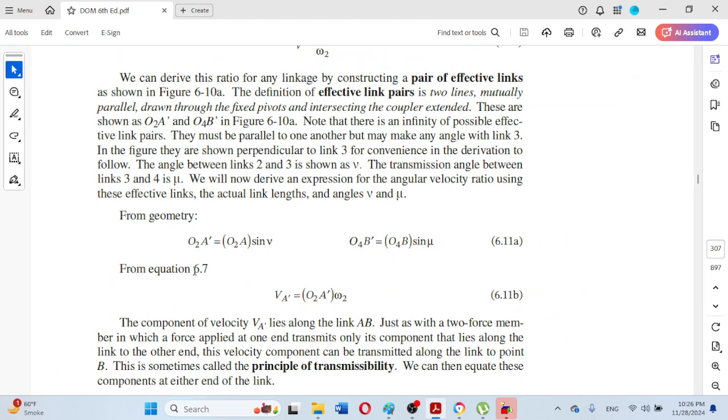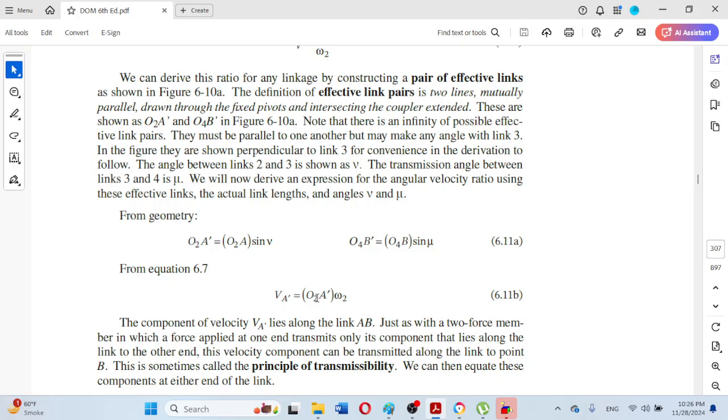and as we can observe here, it states that from equation 6.7 we observe that VA dash is actually O2A dash omega 2. Equation 6.7 simply states that, as we are familiar, V is equal to R omega.